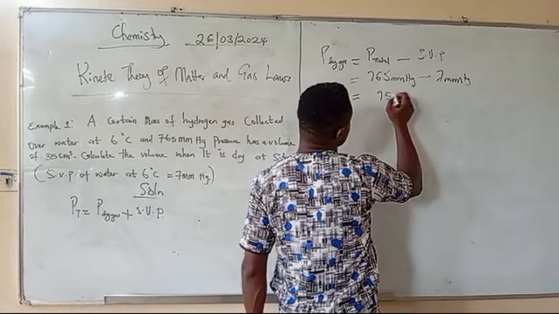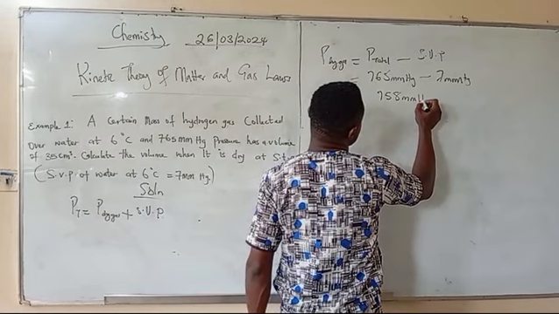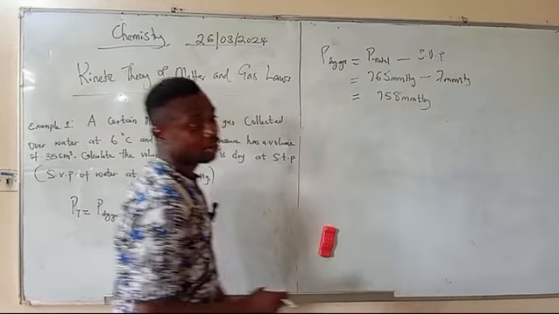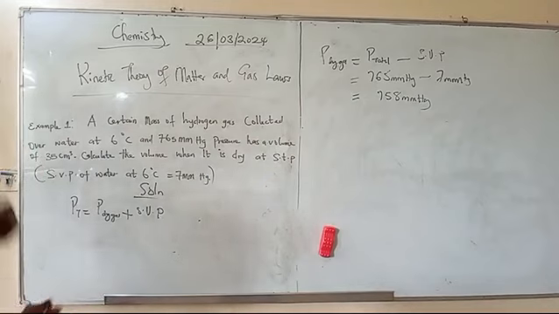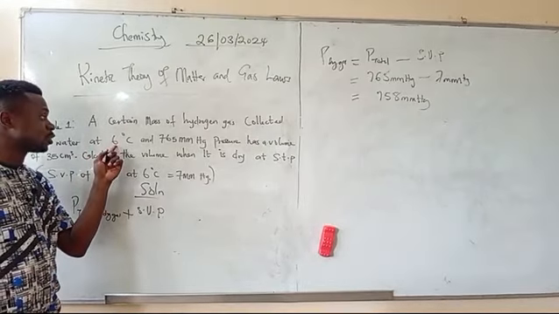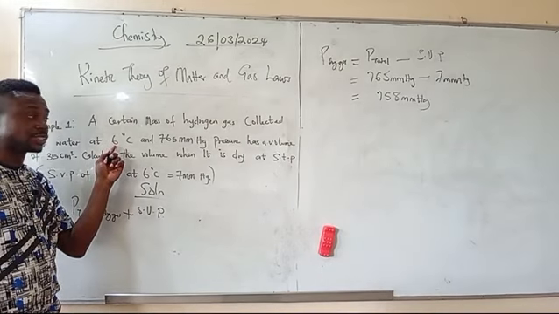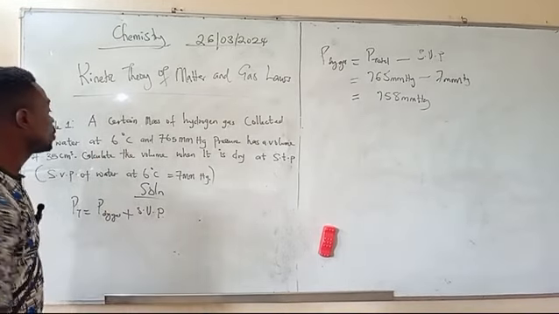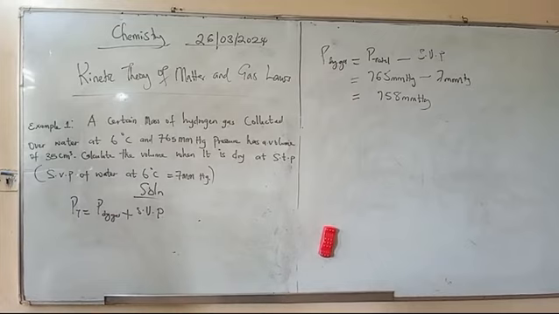Now, the question is that we should calculate the volume of the gas at STP. At this 6 degrees Celsius, the volume is 5 cm cubed.